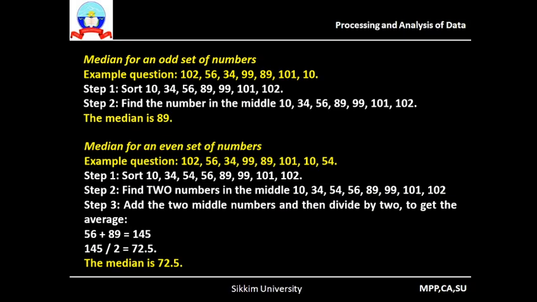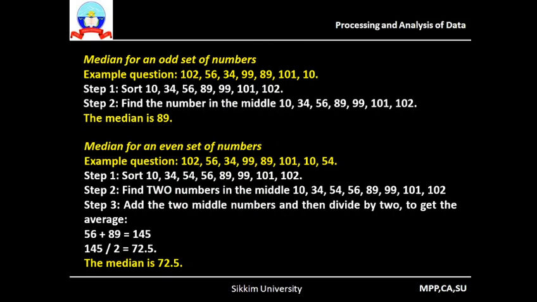If there are an odd number of items in the data set, the first example conforms to that. Here we have data items 102, 56, 34, 99, 89, 101 and 10. First we need to determine how many data items there are. There are 7 data items.